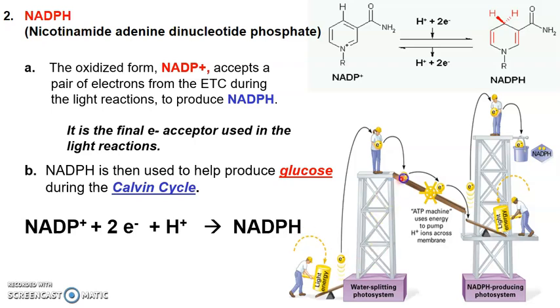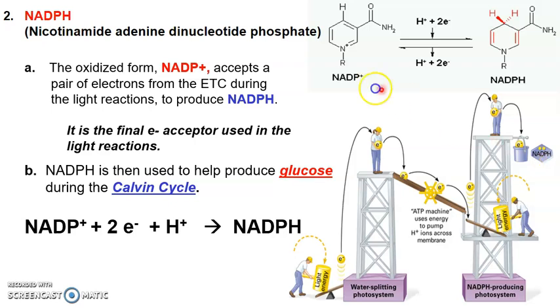In essence, in this little picture here, during photosynthesis in the light reactions, light is going to be used to excite electrons. They come down an electron transport chain that is used to make ATP. And then eventually you put these electrons to a high energy state, meaning that you're giving them to a molecule, NADPH, that can be used to make a molecule that has a lot more potential energy, and that's going to be glucose.